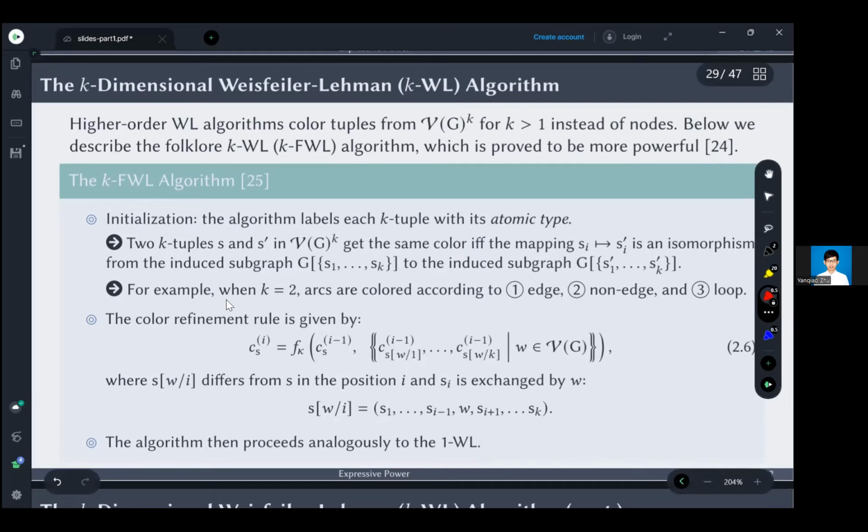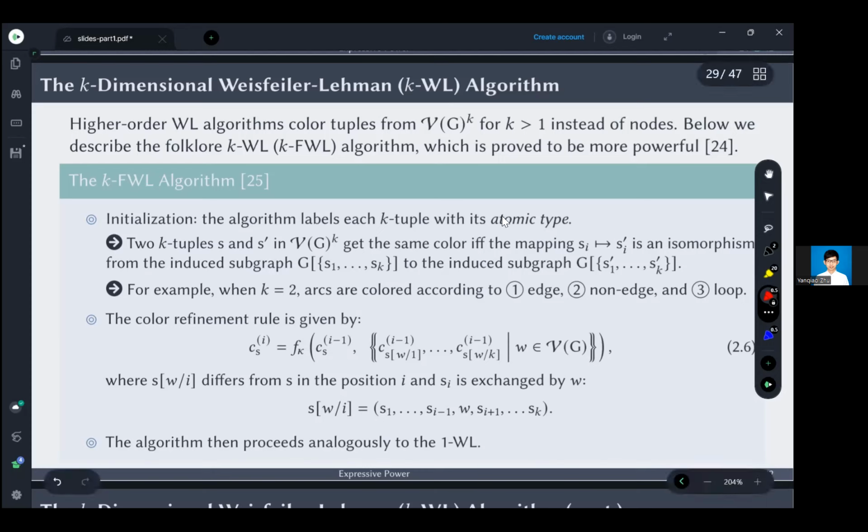When we consider k equals 2, it basically means that we are not operating message passing on nodes. We are actually operating message passing on the edge level, or the arc level. So every arc will be colored according to whether it is an edge in the graph or not, and whether it is a loop. A loop is where the arc comes back to itself, right?